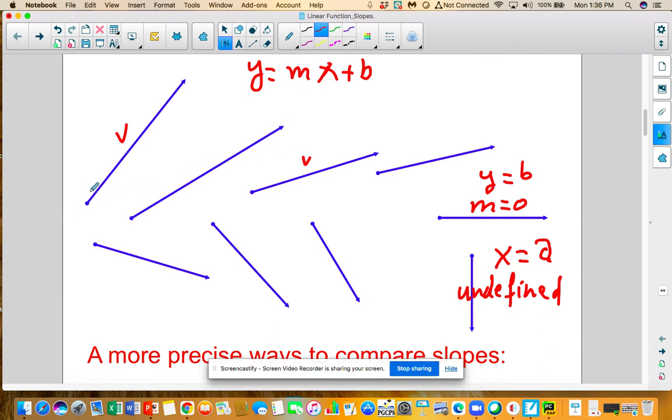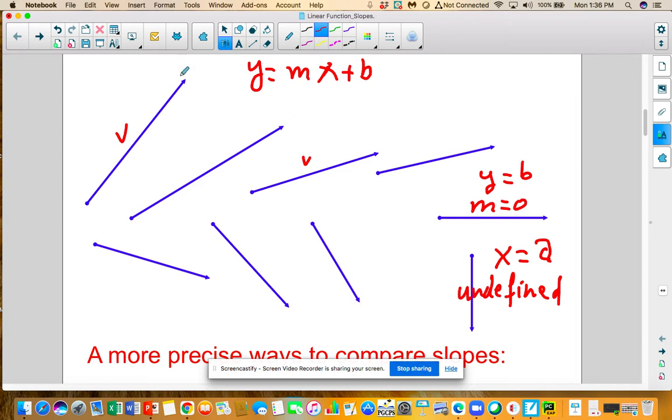Meaning that if it was a hill, trying to climb this is harder than trying to climb this one, right? Because this one is steeper, right? So the slope of this one is greater than the slope of this one, right? Now, let's find a more precise way to compute the slope of a line.